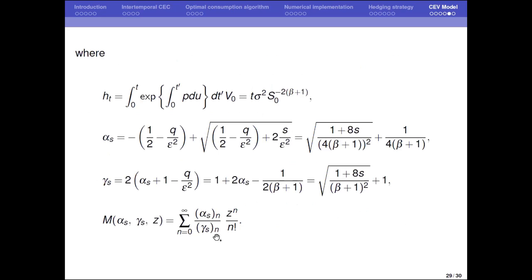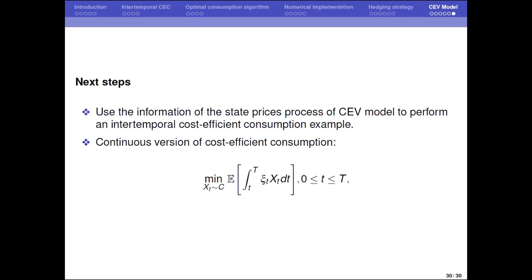And our open question is how to handle that expression to find the state process distribution and perform the intertemporal cost-efficient consumption example. But the theory reaches until that.